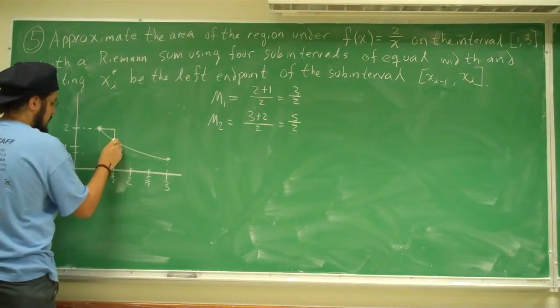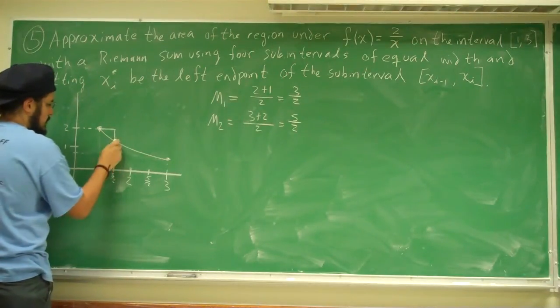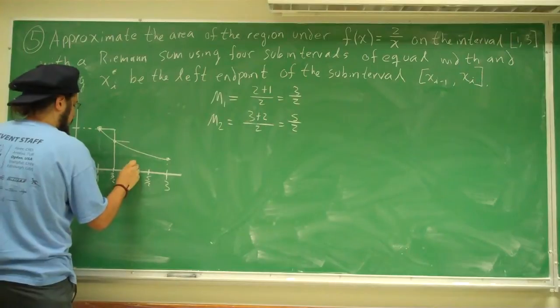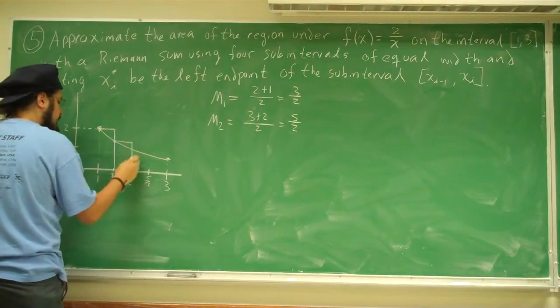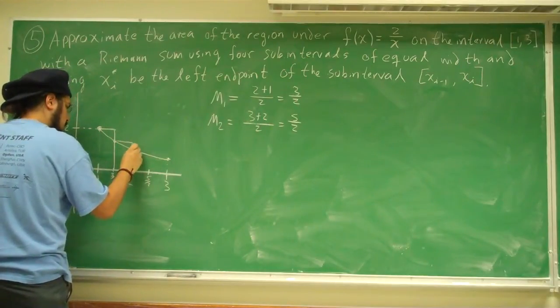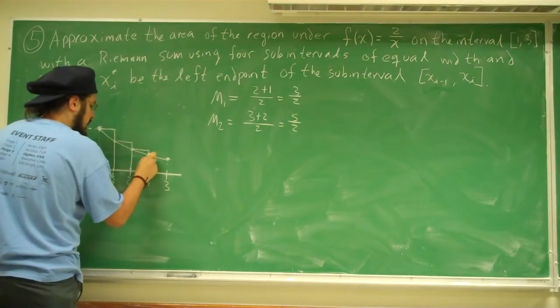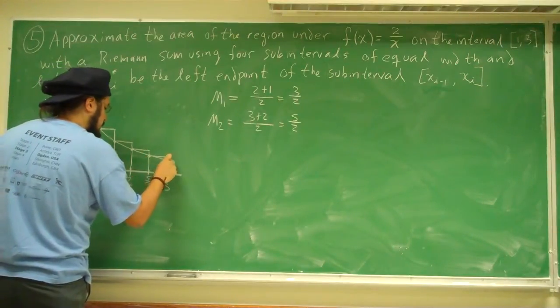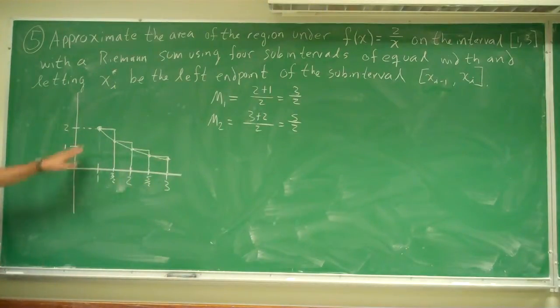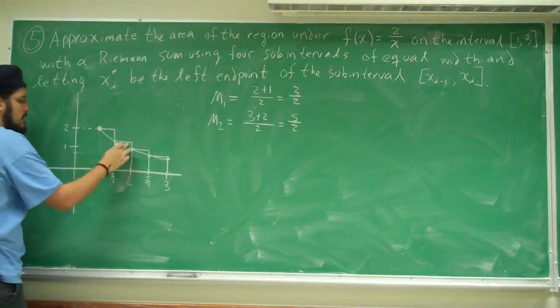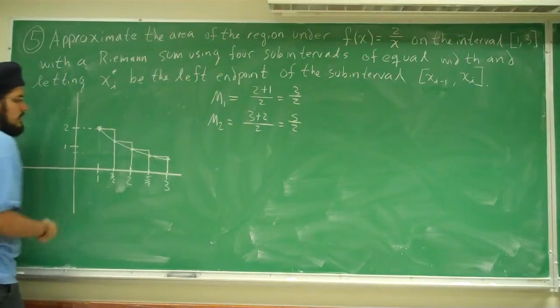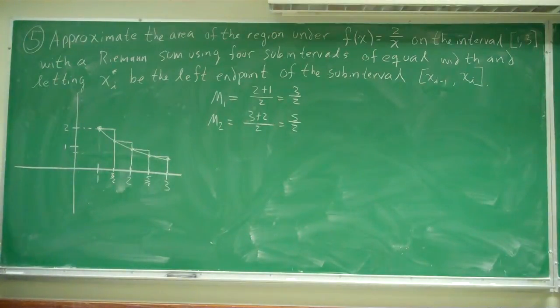And then we start here, and we do another rectangle. Then we start here, do another rectangle, and we start here, and we do another rectangle. So approximately that will be the area. Obviously there will be some error because we have this part that's not under it, but it's fine, we're just approximating.